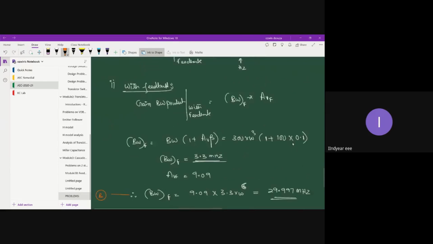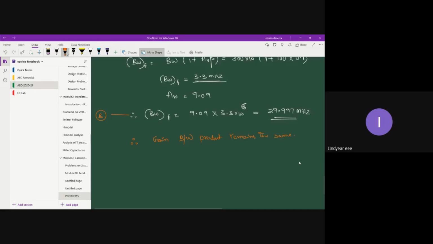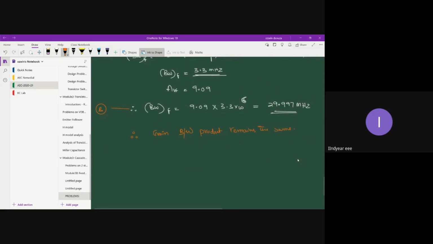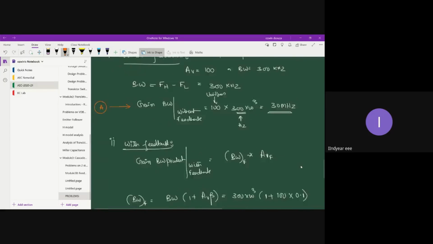In the previous case, it was 30 megahertz. In the present state with feedback, the product remains 30 megahertz. So gain bandwidth product remains the same, because feedback basically tries to keep the gain bandwidth product the same. Okay, so that's the second part.